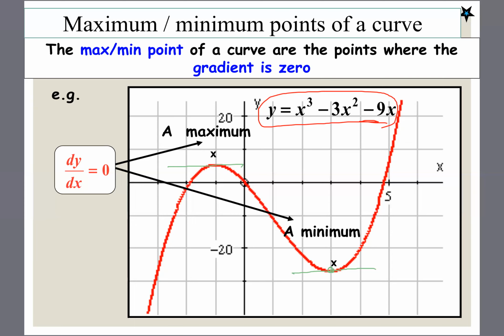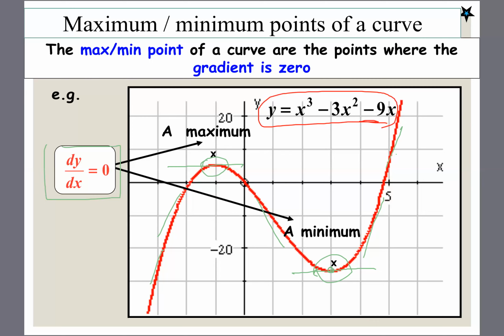But at any other point on the curve, we can see a different slope at a different point. Therefore, at the maximum and minimum point, slope 0 means dy by dx equals 0.